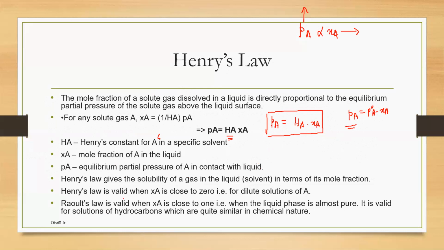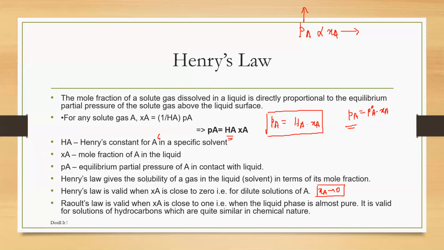Remember, Henry's law is valid for highly dilute solutions, that is when XA tends to 0. That is where Henry's law is very important. Raoult's law is valid when XA is close to 1.